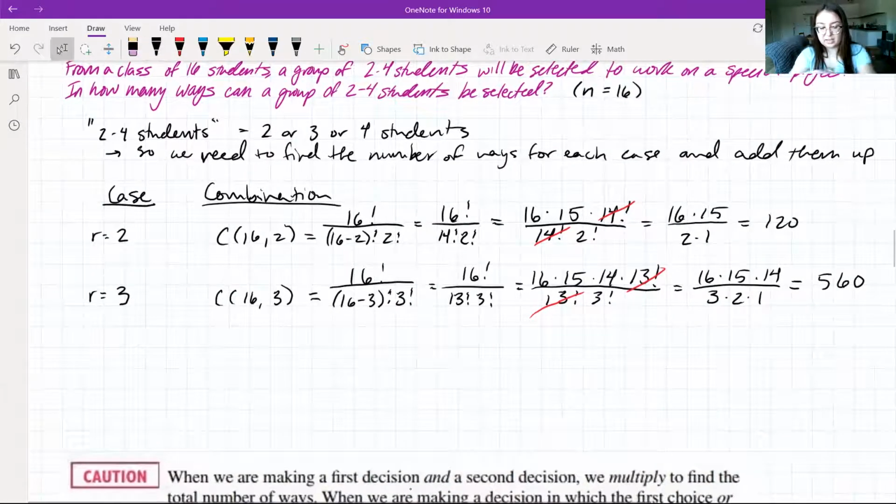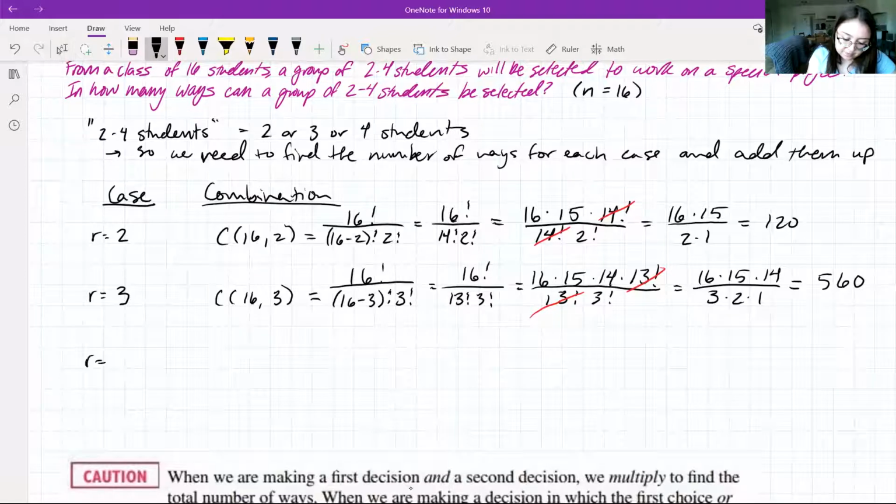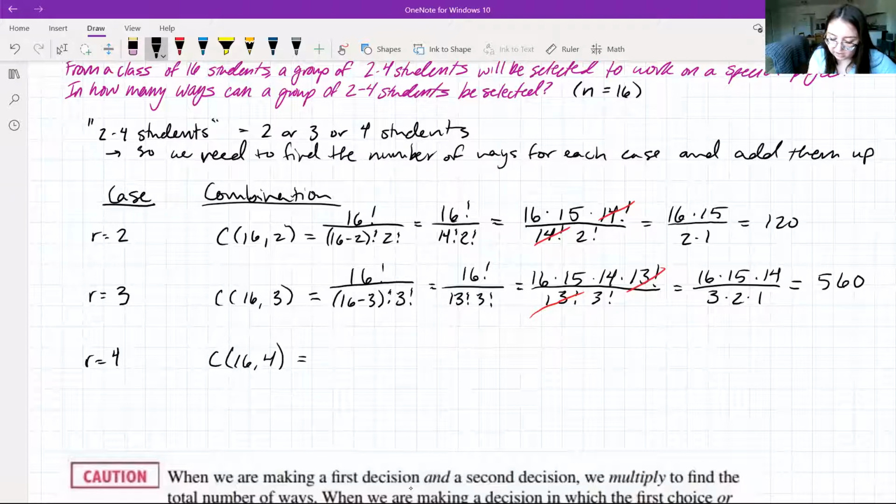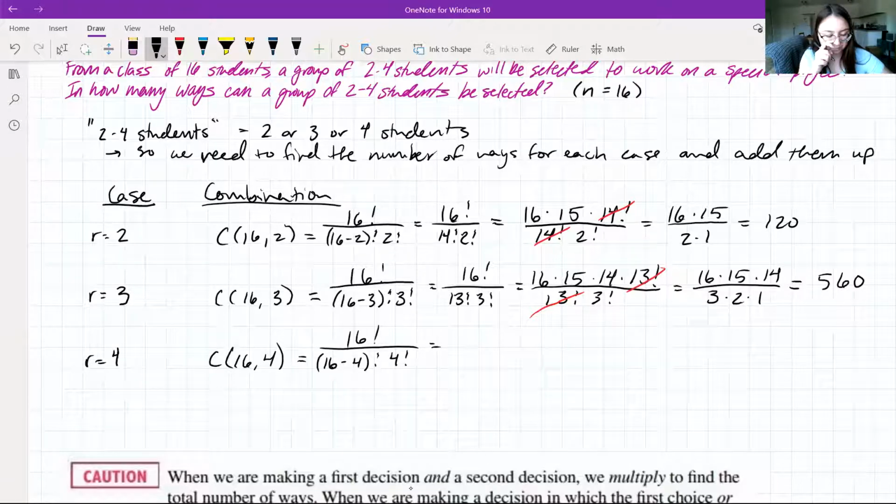All right. Now lastly, let's do r equals 4. So we have our combination, C(16, 4). This is equal to 16 factorial divided by (16 minus 4) factorial times 4 factorial. This is going to give us 16 factorial divided by 12 factorial times 4 factorial.